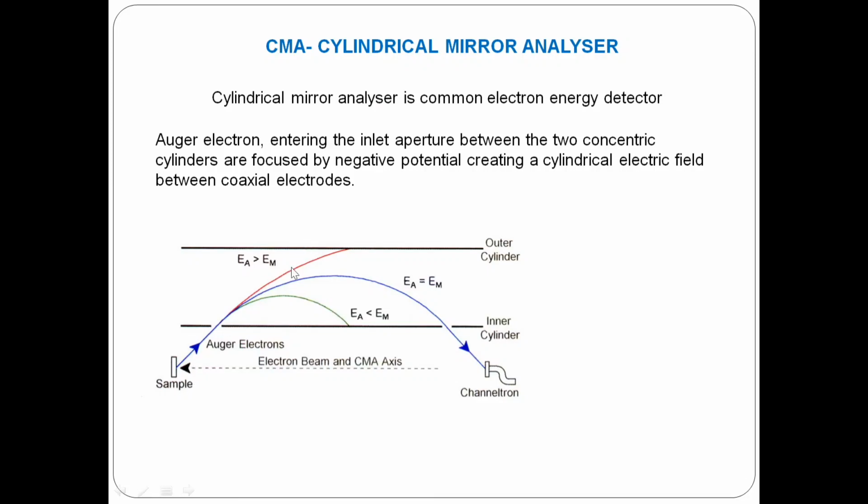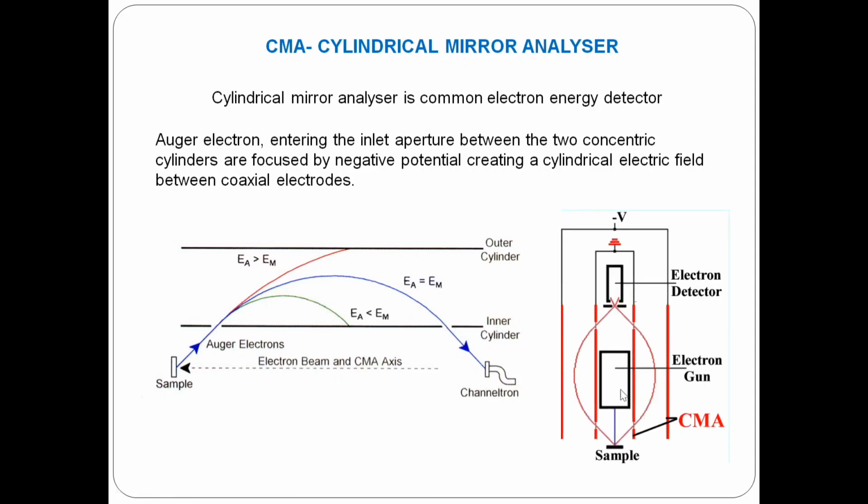Some pass through the aperture in the inner cylinder. The negative potential applied on the outer cylinder bends the Auger electrons back towards the inner cylinder, and they exit the aperture and reach the detector. So here is a sample, and a cylindrical curve is taken by the Auger electrons to reach the electron detector.